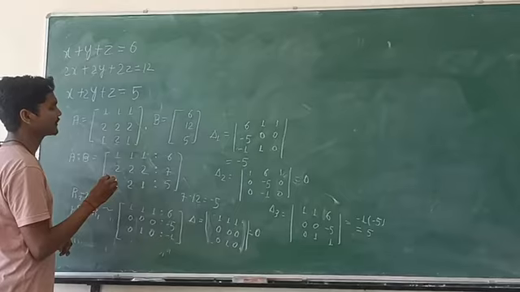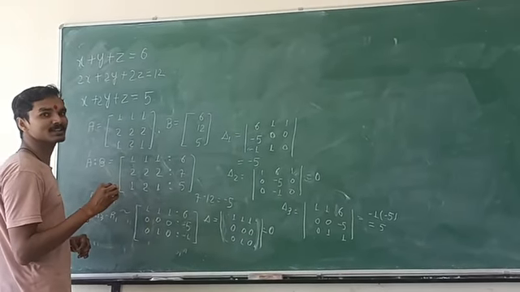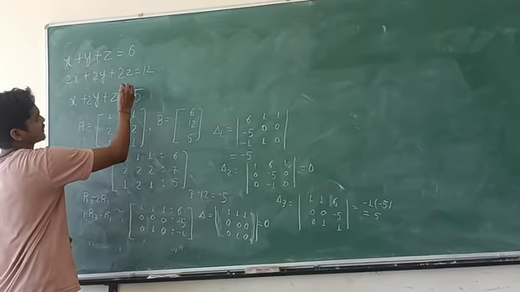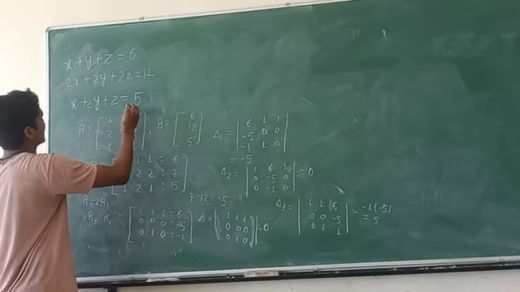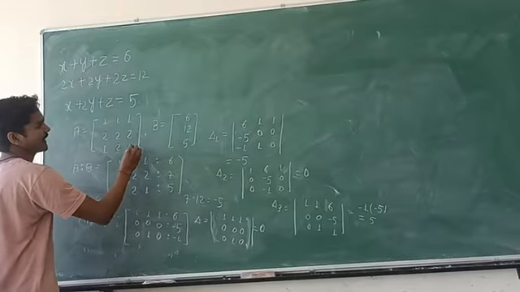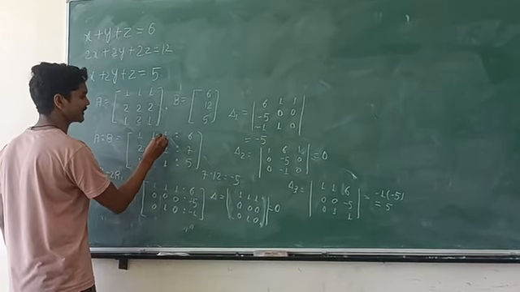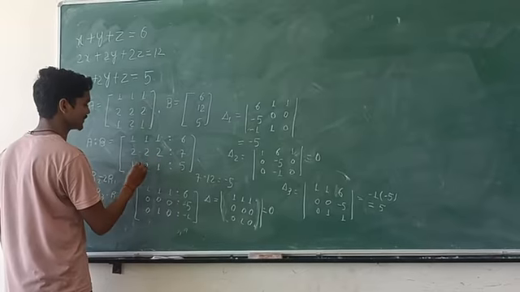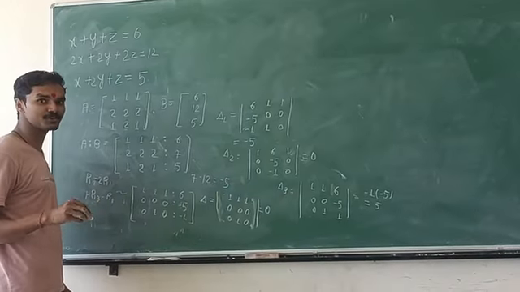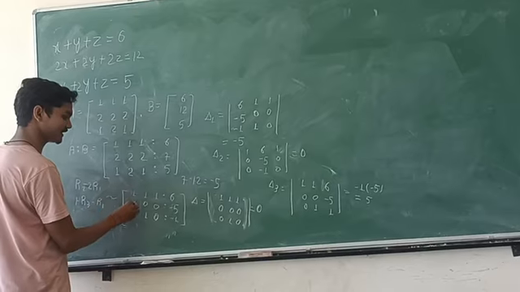Let us move to a non-homogeneous system of linear equations that has no solution, that is, inconsistent. x plus y plus z is equal to 6, 2x plus 2y plus 2z is equal to 12, x plus 2y plus z is equal to 5. Here the coefficient matrix A is 1 1 1, 2 2 2, 1 2 1, and B is 6 12 5. We know the determinant does not change if we apply row reduction, so we apply it and get this matrix.